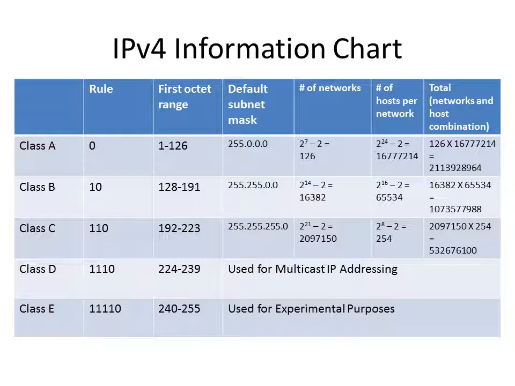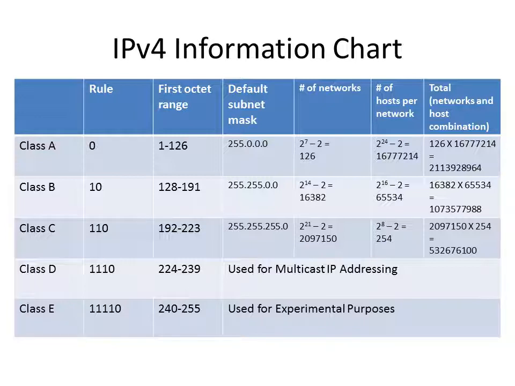From that, we can derive the number of networks in a Class A IP range, which is 126, and the number of hosts per network comes out to roughly 16.8 million, and the total network and host combination comes up to 2.1 billion.